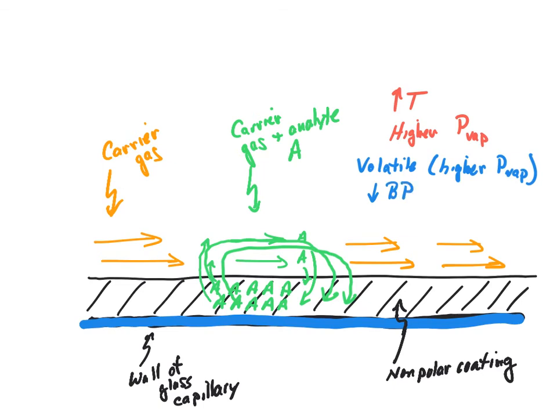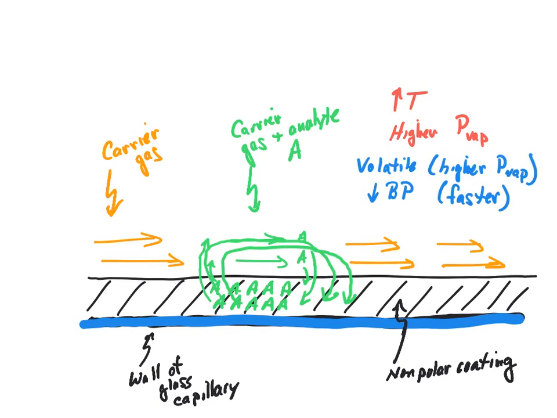So materials with higher vapor pressure, that is, usually materials with lower boiling points, spend more time moving in the carrier gas, and so those move through the column faster. And so we can separate materials based on their volatility, that is, their vapor pressure at the increased temperature. The things with lower boiling points or higher vapor pressures move through the column faster.